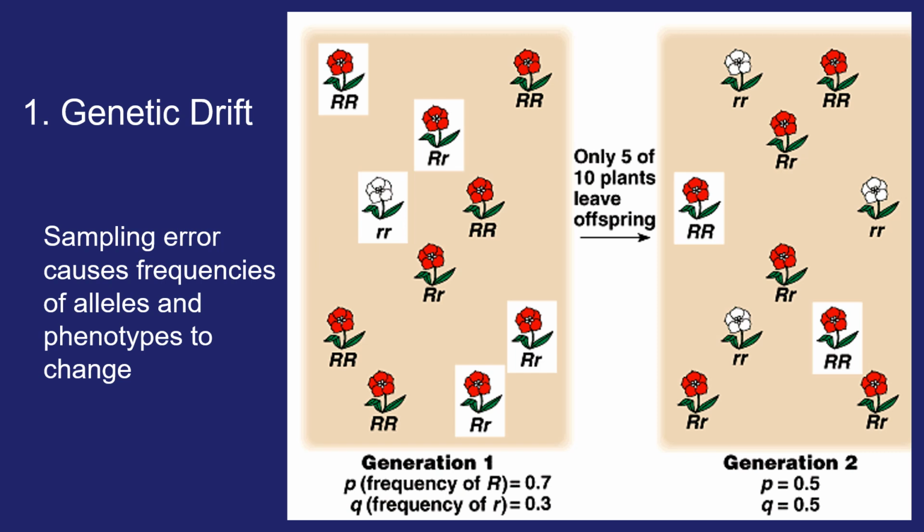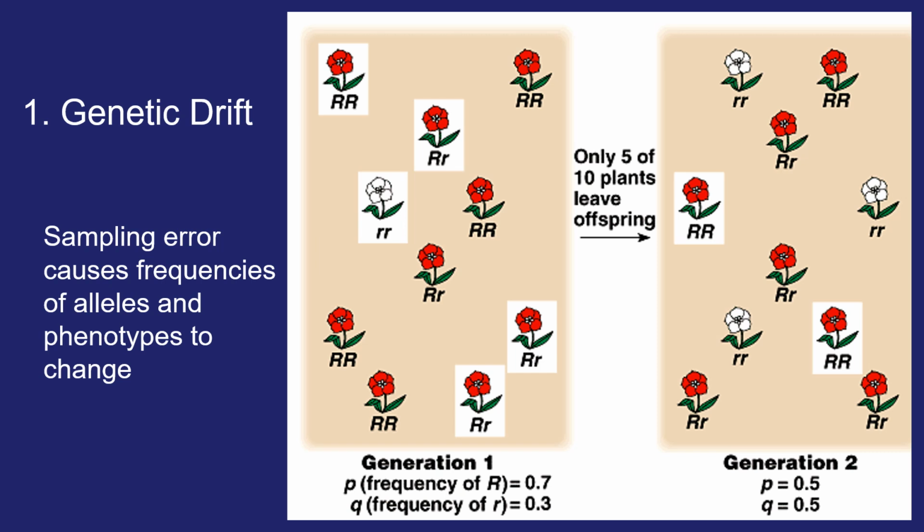Now, in this example, only half of the plants are going to get to mate and leave behind offspring. And notice that the 5 that are going to leave behind offspring, highlighted with a white box there, don't represent the entire population. And this is just by chance. This is sampling error.